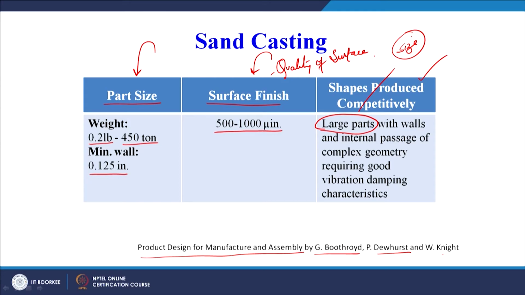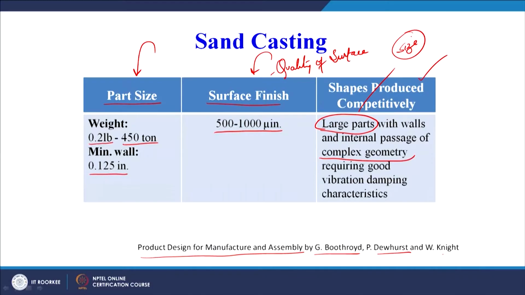So sand casting is capable of producing large parts with walls and internal passages of complex geometry. This is another point from the complexity of the product point of view. So, fairly complex products can be produced requiring good vibration damping characteristics. This is from the application point of view.